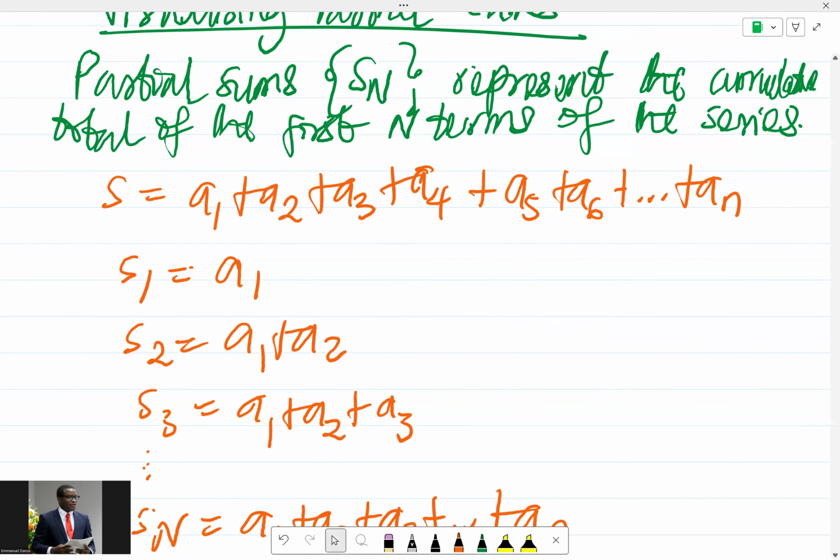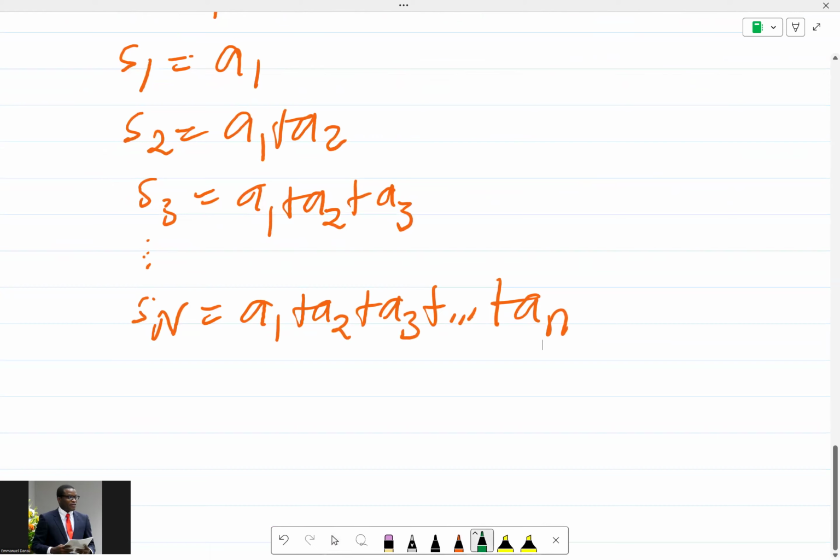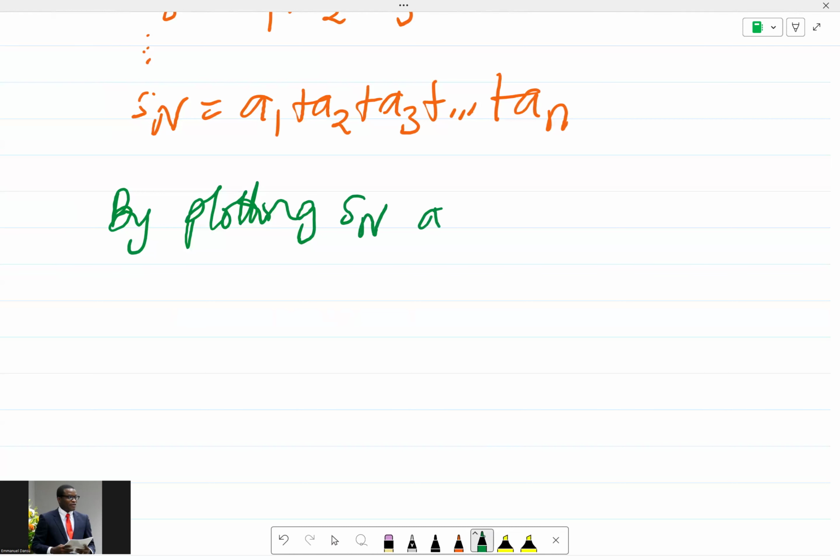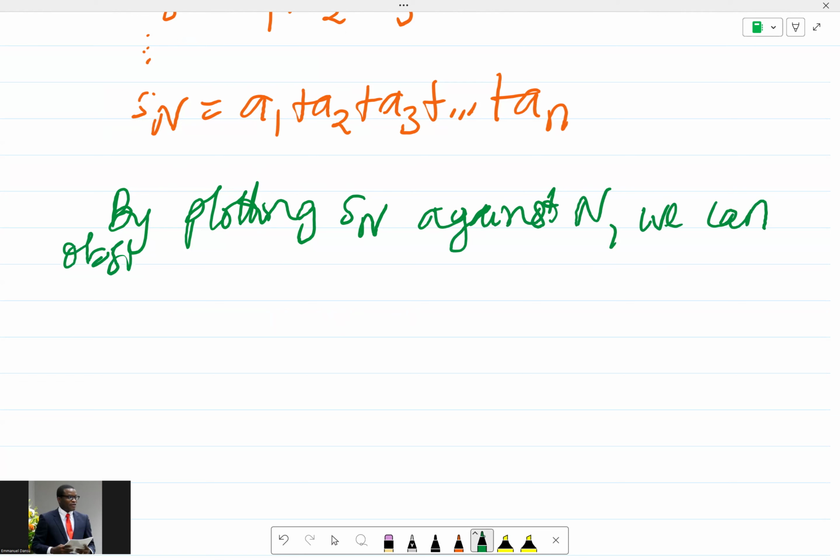Having talked about that, we can also plot. We are talking about how to visualize this. By plotting Sn against n, we can observe whether it stabilizes.